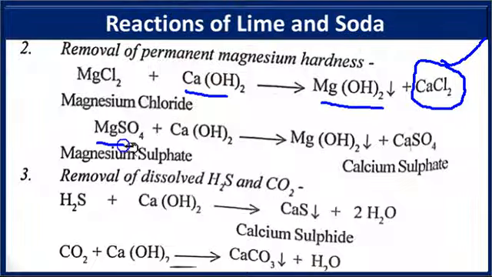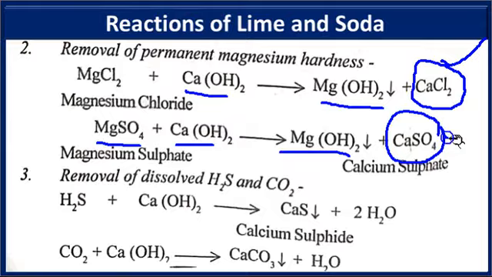Similarly, 1 mole of magnesium sulfate requires 1 mole of lime for complete precipitation, but it generates equivalent amount of calcium permanent hardness as the calcium sulfate.